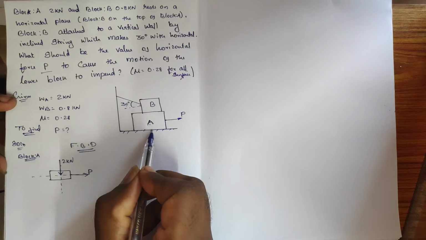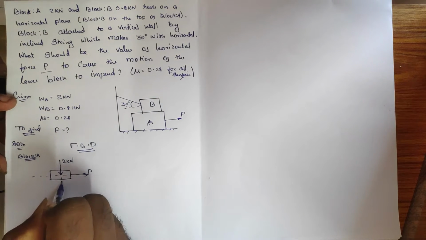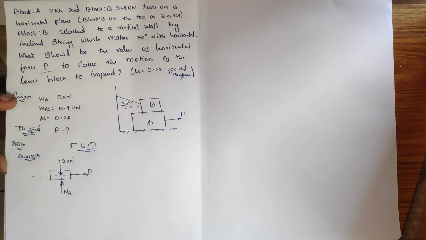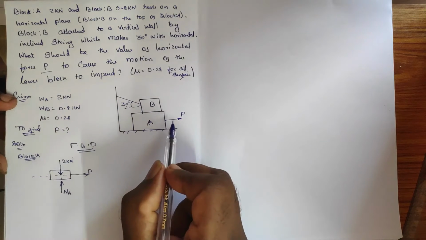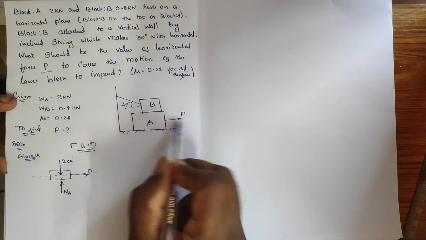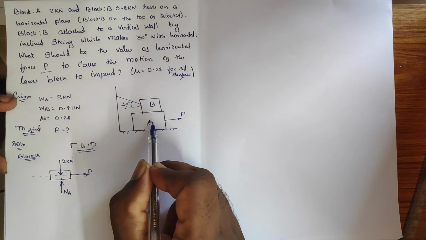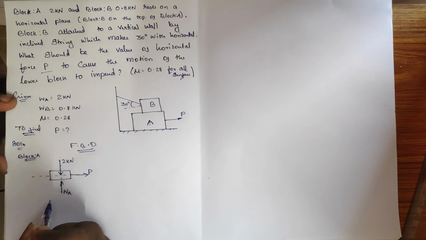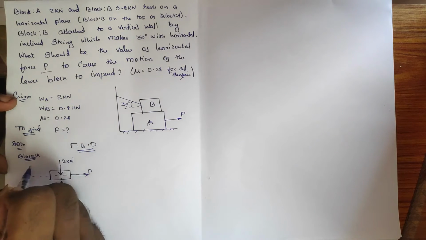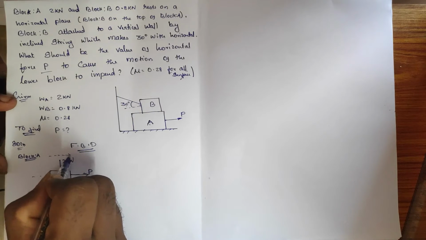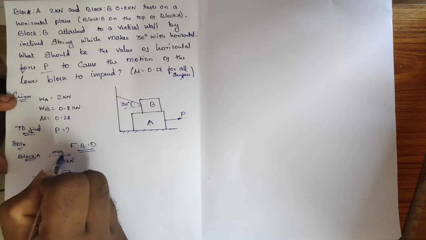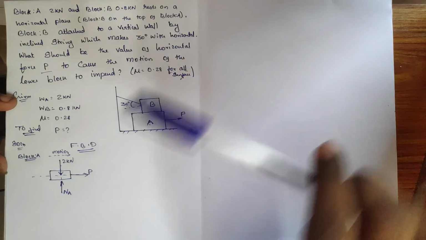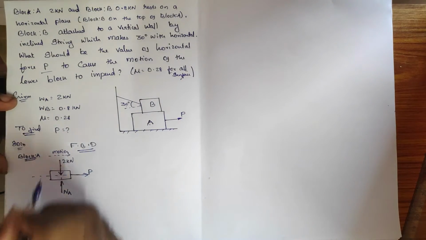Then, where it is having contact, there will be a normal reaction, that is NA, and a friction force. The P force is acting horizontally to the right side, so the motion is towards the right.